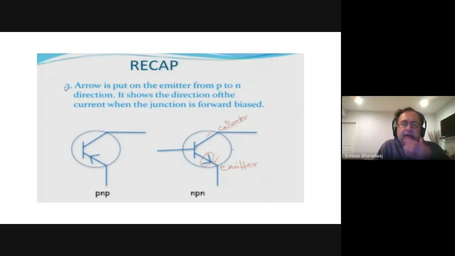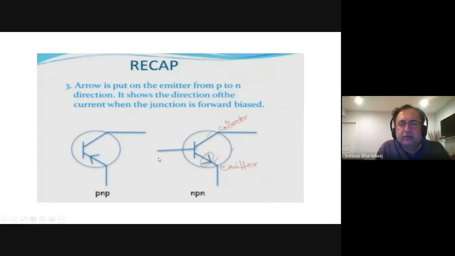Now let us look at the notation here. If a transistor is connected like this, with the arrow pointing out, not pointing in, then it's an NPN transistor. Not pointing in means NPN, so this outward-pointing arrow means it's an NPN transistor. Now, what is the common terminal?